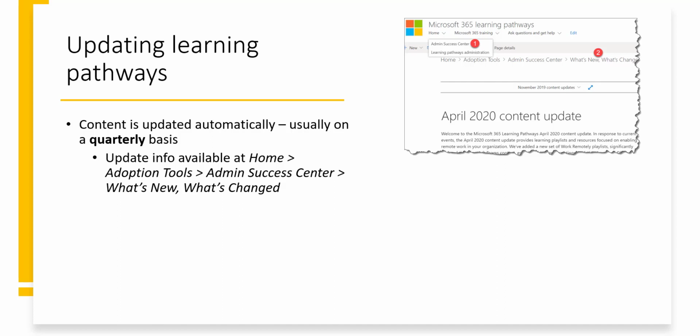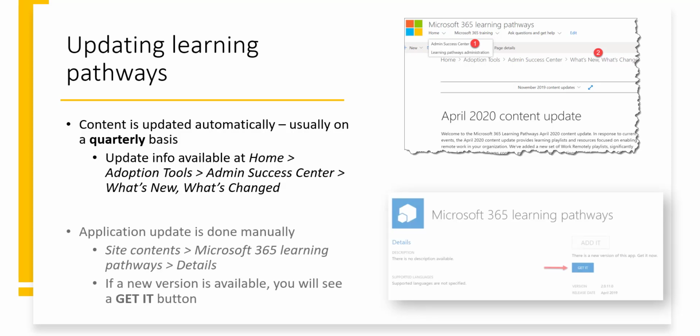You can go to Home, Adoption Tools, and, as it says over here, Microsoft 365 Learning, Admin Success Center. Then from there you can see what's new and what's changed. That's an actual article right there. So you're starting from Home, Adoption Tools, Admin Success Centers, and then you can see what's new, what's changed. So that's the content part of the update.